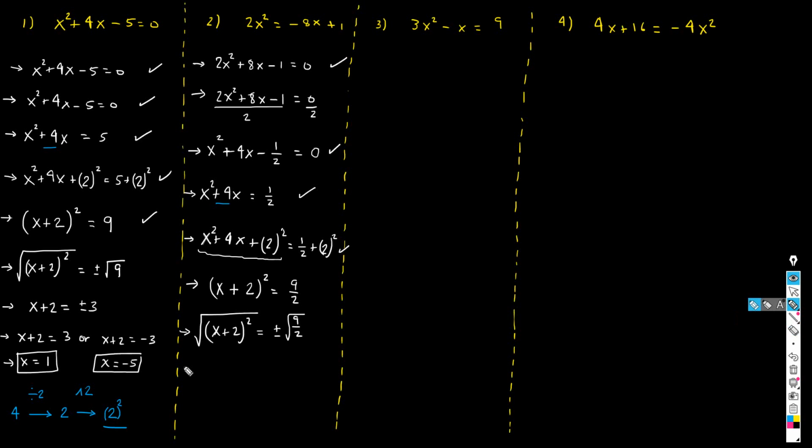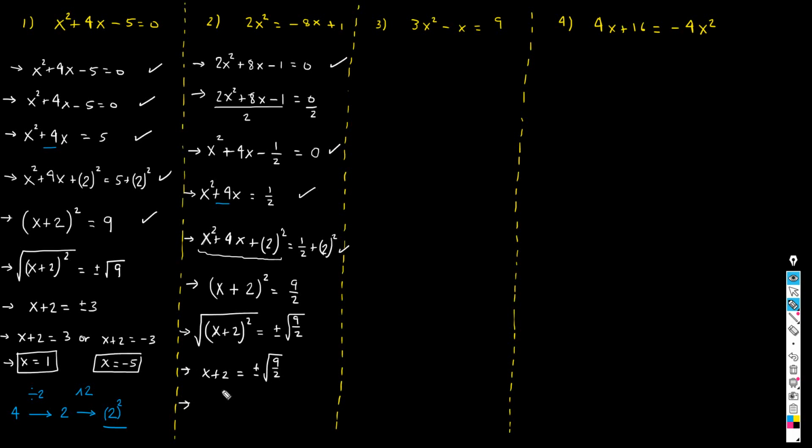And finally, remember the square root takes away the square, so we end up with x plus 2 equals plus or minus the square root of 9 halves. Leave it expressed because we cannot calculate easily the square root of this number, so just leave it like that.